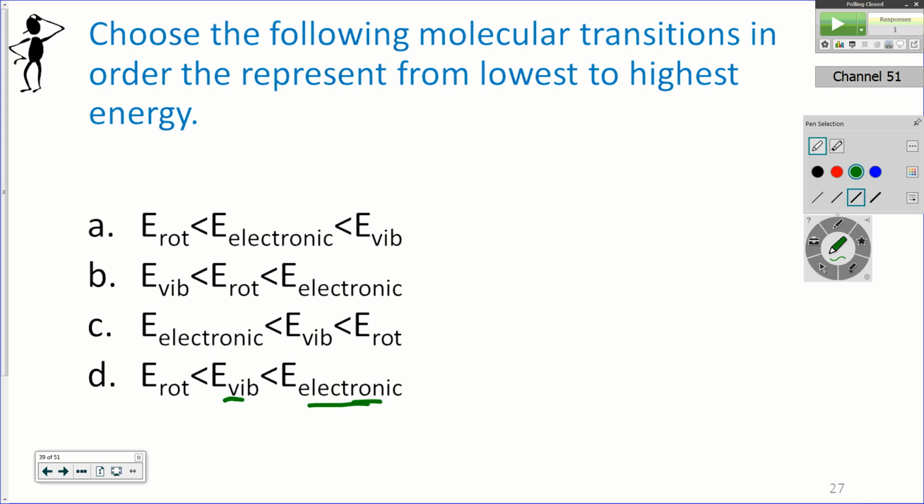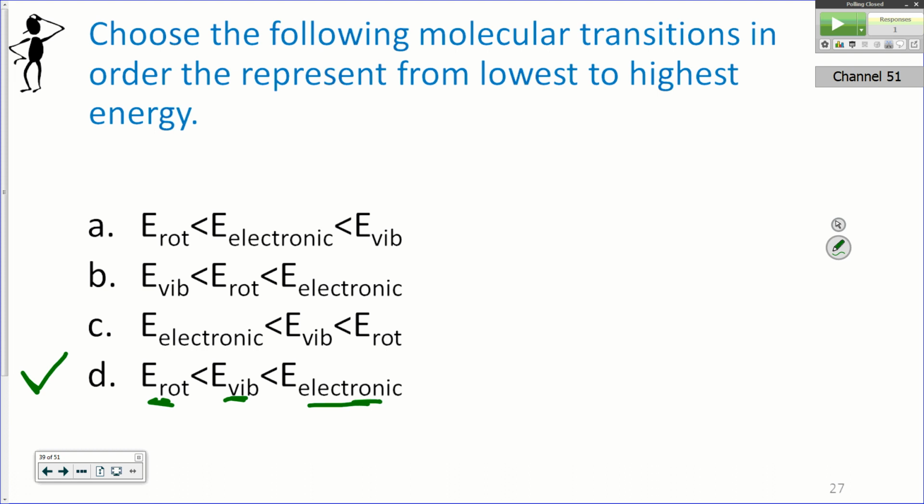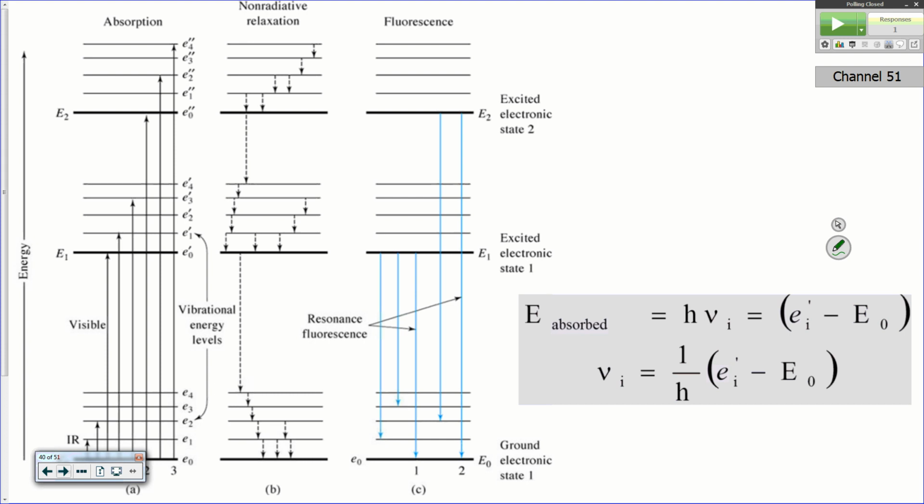The second largest energy is vibrational, and the lowest energy level, or highest wavelengths, are rotational. So, good job. That's referring to what we were talking about before, like the microwave.